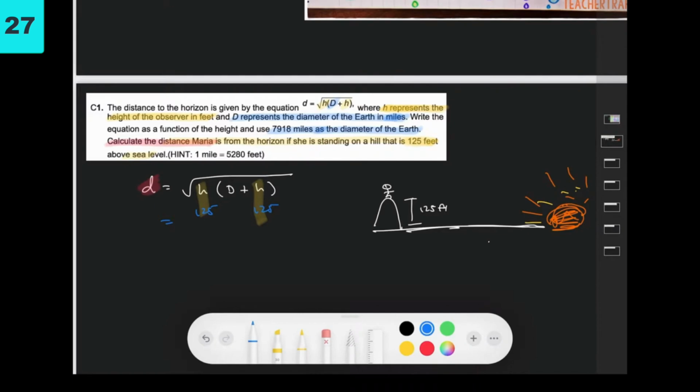And d, they're telling us, is the diameter of the Earth in miles.